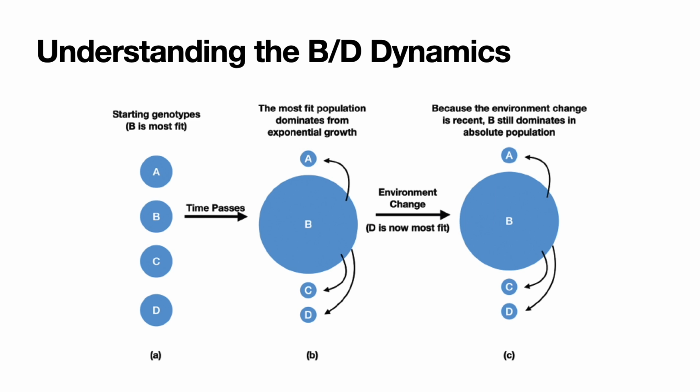But that means that most mutations are going from B to other configurations, which means that they are deleterious. So most mutations are going to be, numerically, away from this high fitness genotype, and therefore they'll be deleterious. But when we have an environmental change, you'll note that B is still the most numerous at this present moment, but it's not the most fit.